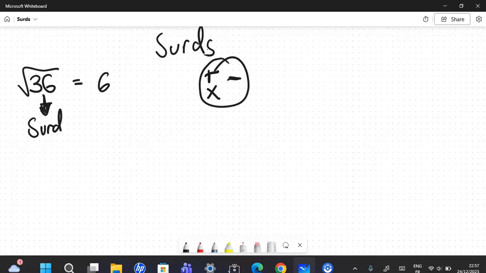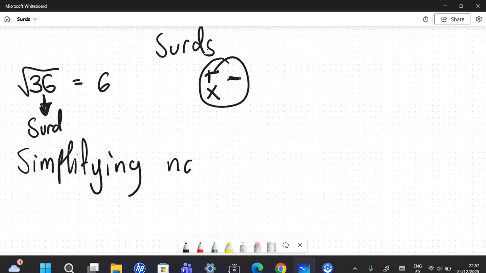And also, you're going to be learning how to rationalize surds and expand brackets. But today, we're going to do a simple thing, which is called simplifying non-perfect squares.